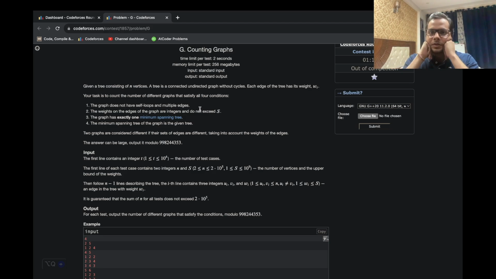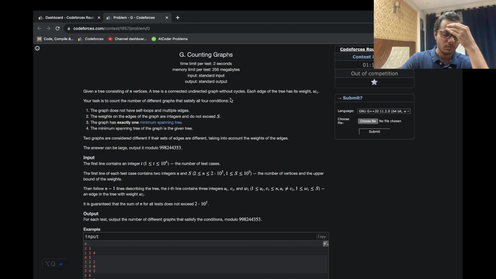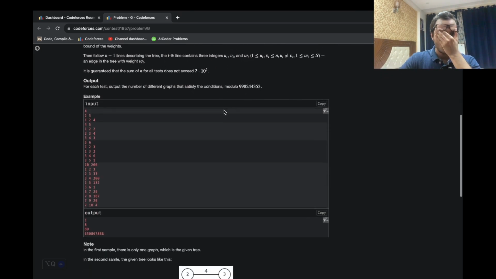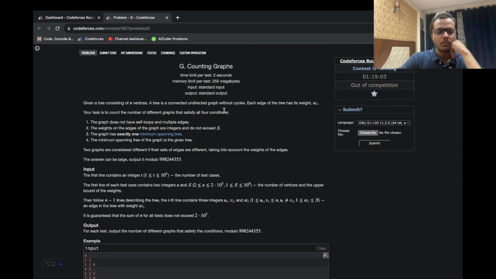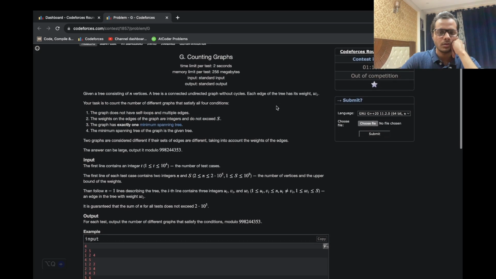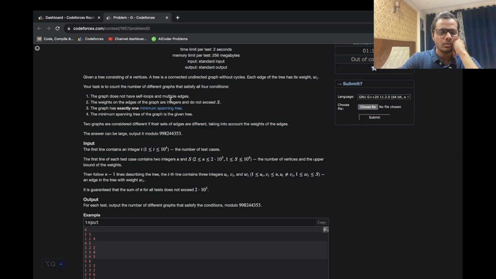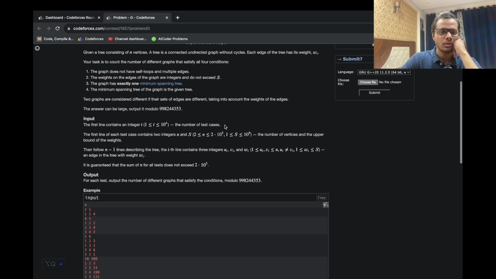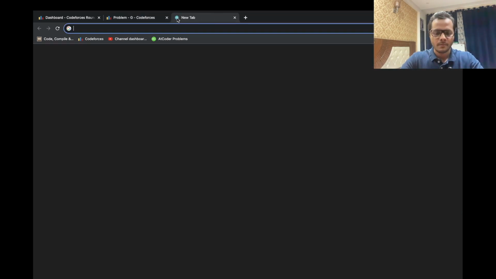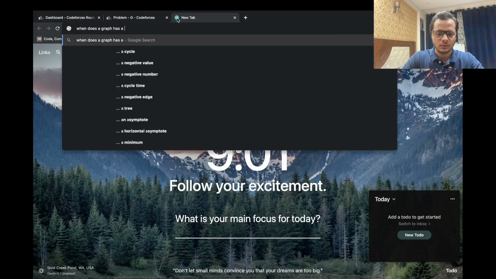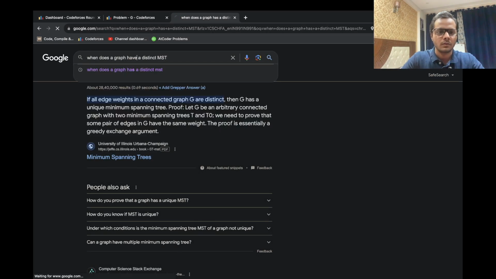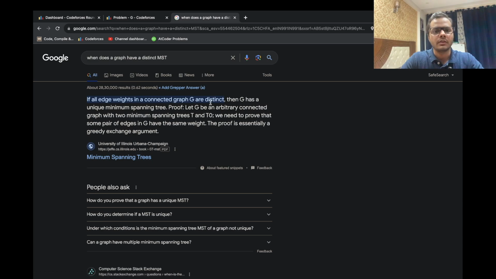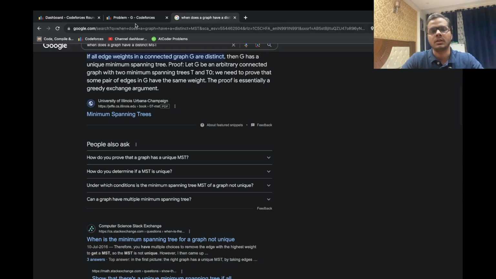Okay. Number of different rows. So if all edge weights in a connected graph G are distinct, then G has a unique MST. That is something that I know.